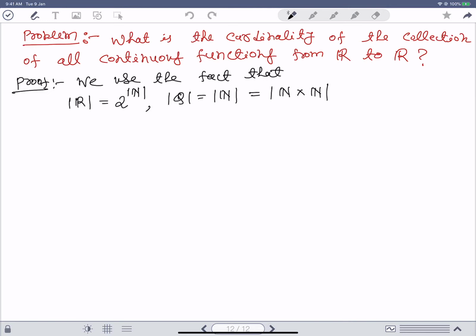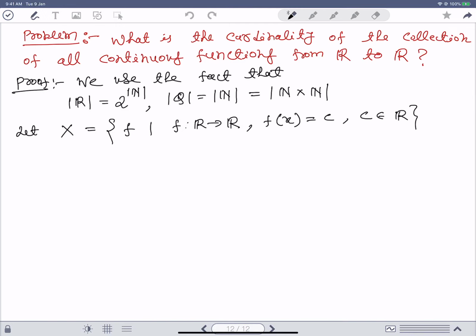Now first of all, let X be the set of all functions f from R to R such that f is a constant function, that is, f of x equals c, where c belongs to the real numbers, right? So X is the collection of all constant functions only.